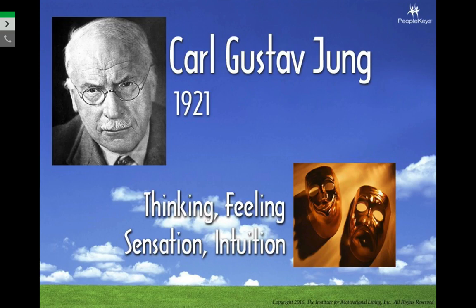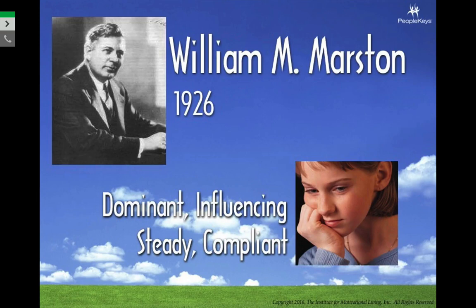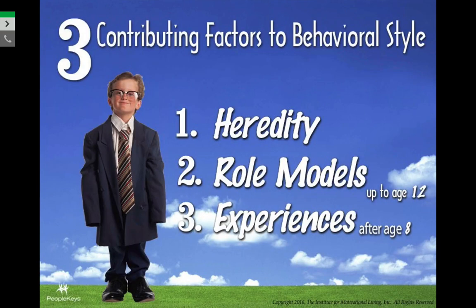And then today, to get DISC how we have it today, Dr. William Martinson wrote a book. You might want to pick it up. You can still order it. It's called The Emotions of Normal People, and he is the father of DISC. And that's where he said there's really a dominant style, like a driving style, an influencing style, steady and compliant. And that's where we came up with DISC today.